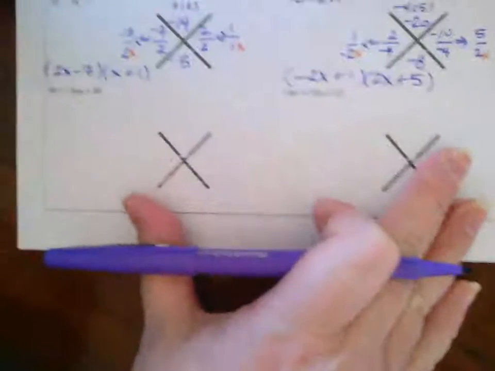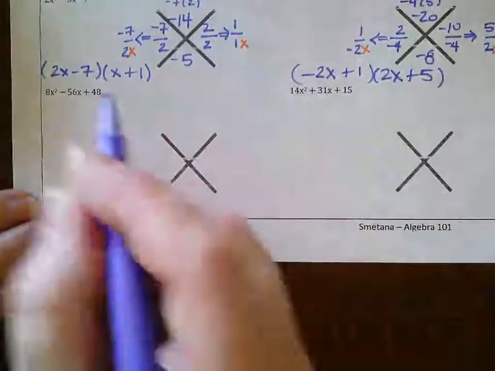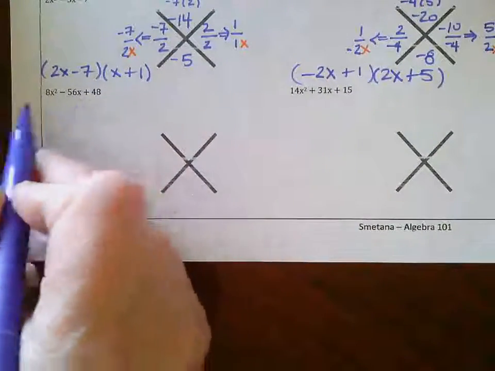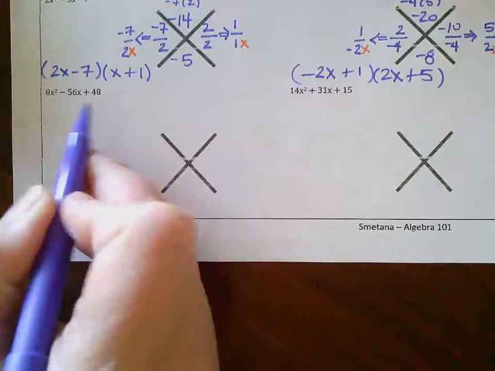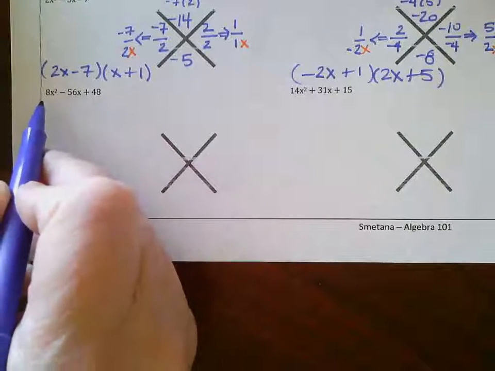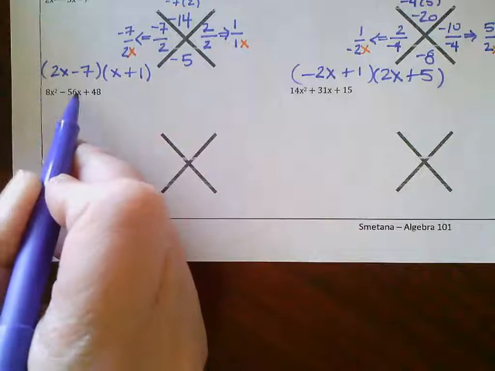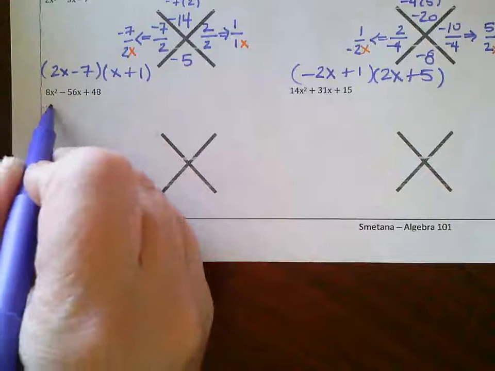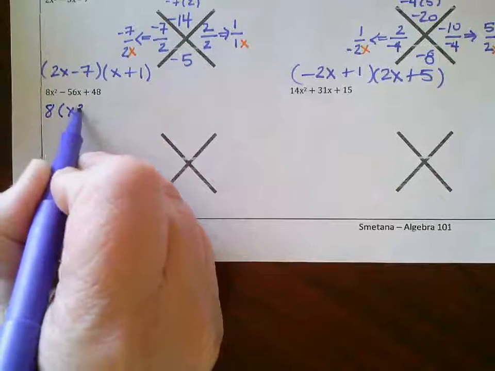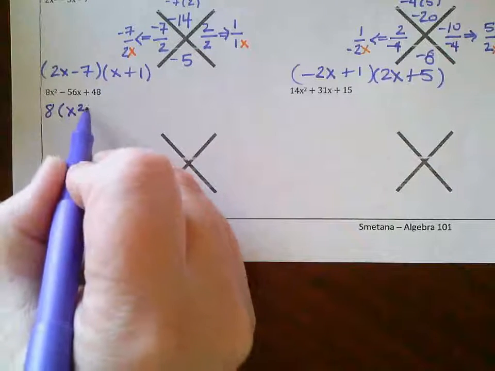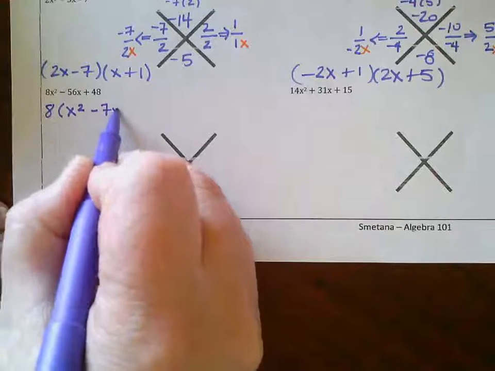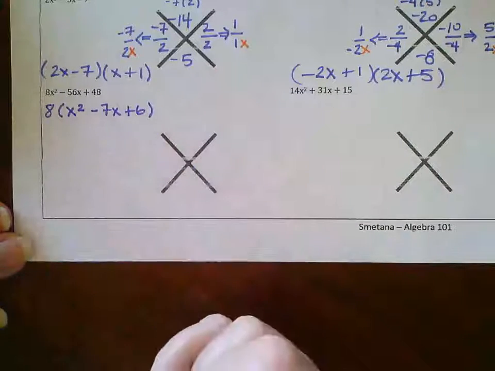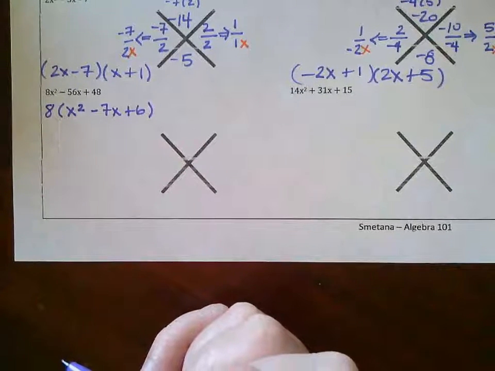Okay, let's try it again. The more you see this, sometimes it helps. Okay, so I'm noticing something right off the bat here, and I'm hoping you're noticing it too. So you see this 8 right here? Well, I know that it goes into 56 and 48. So I'm just going to do a quick pull it out, and I'm left with x squared minus 7x plus 6. So the problem became just slightly less complicated for you.